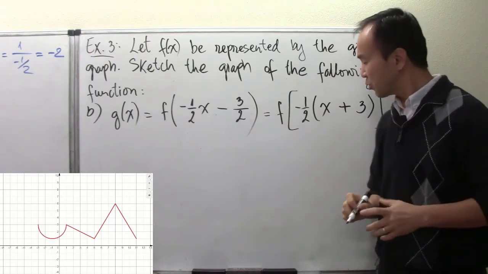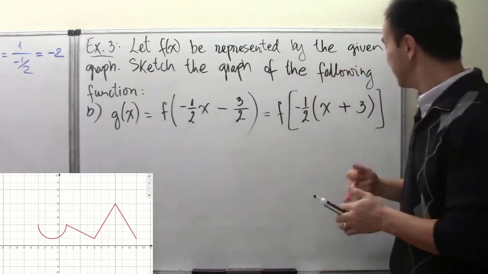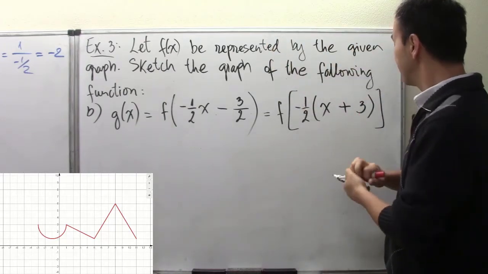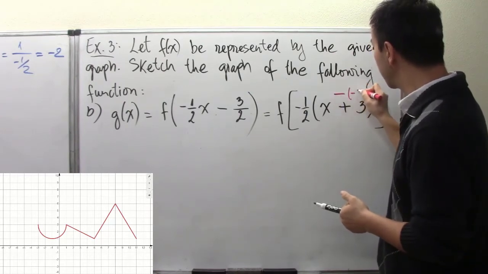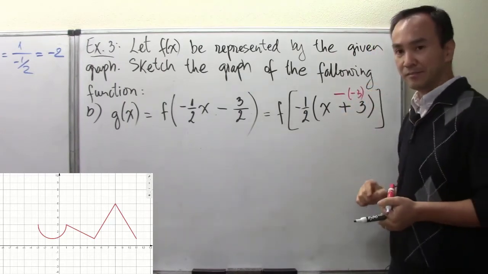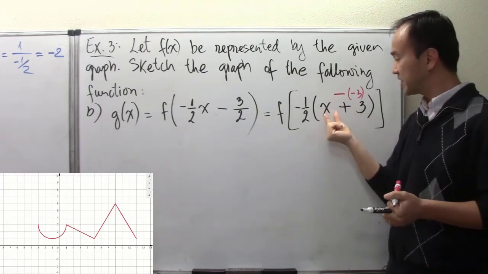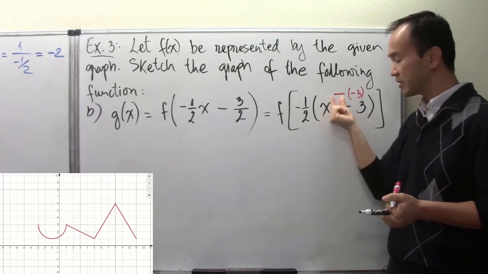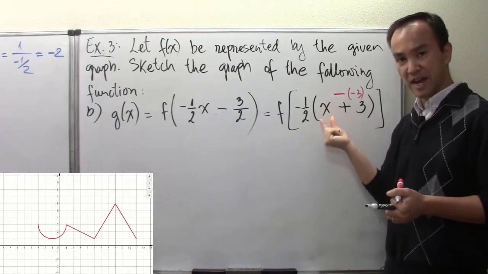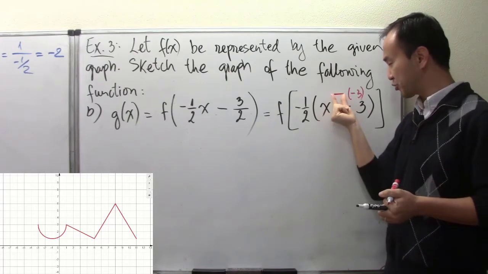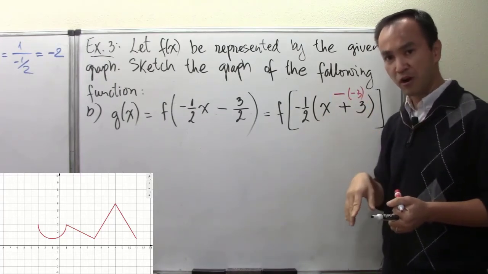And in this way, I see this plus 3 as the same as minus negative 3. That means here we have a horizontal shifting, because it brings up x minus, a subtraction. Okay, x subtracts, but then we're subtracting a negative 3. And so we will put all those details together.